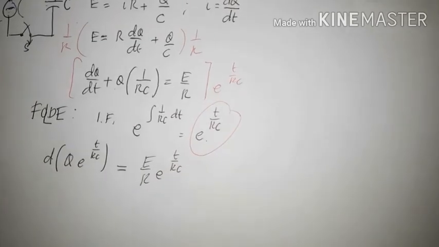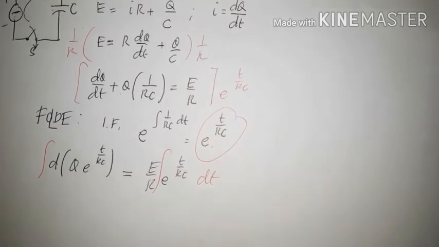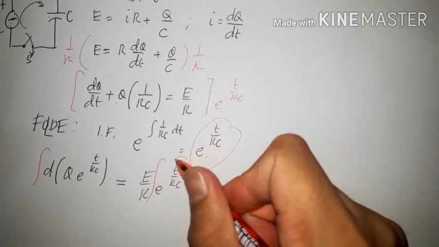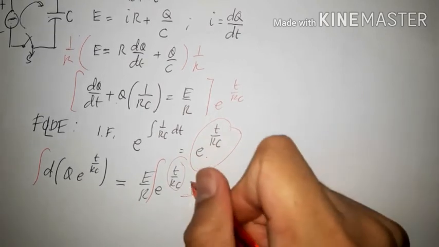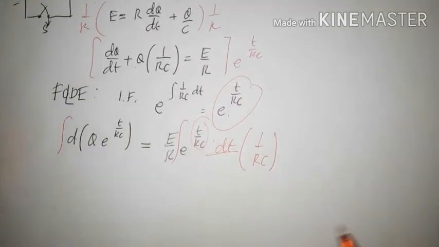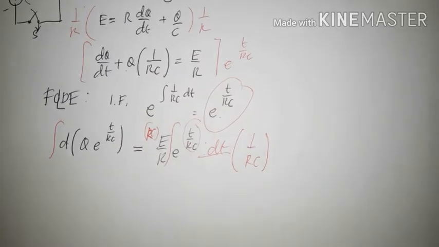So integrating the two gives, to satisfy my u and my du, I need to provide 1 over RC and compensate with RC.